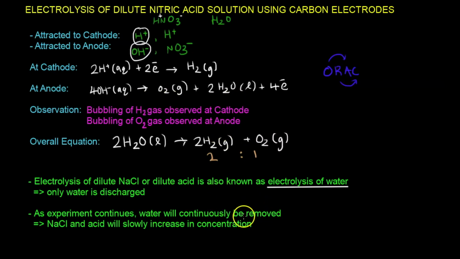So they'll be removed continuously, and NaCl, which we were talking about previously, and the acid will slowly increase in concentration, and that will have an impact on the whole electrolysis setup. Recall that if we use concentrated acid, for example, with the halides in it, they will take precedence over OH minus, which is the default.